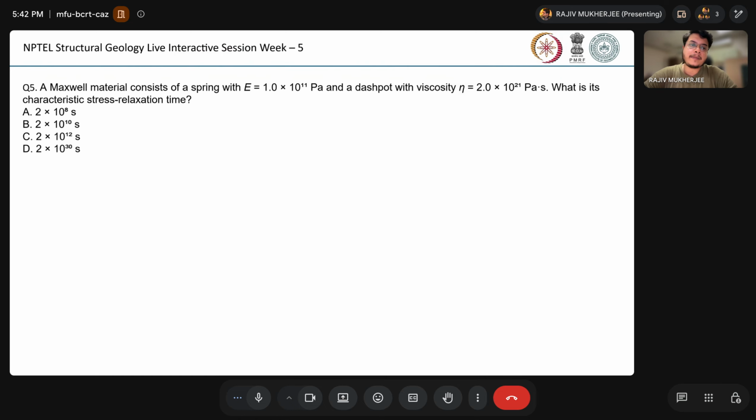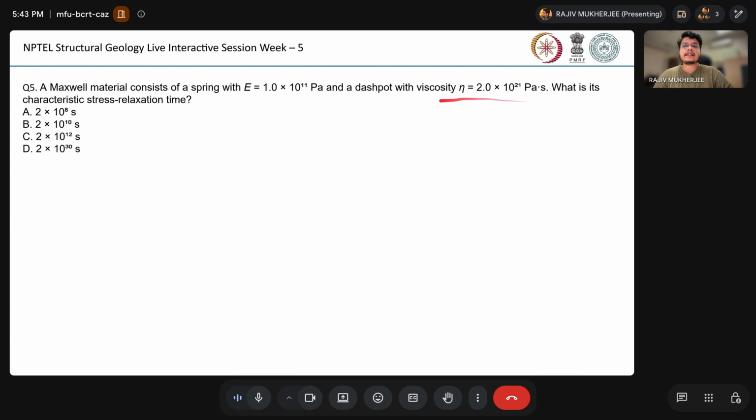Okay, so coming to question number 6, it says that a Maxwell material consists of a spring with Young's modulus 1 × 10^11 Pascal and a dashpot with viscosity of 2 × 10^21 Pascal second.